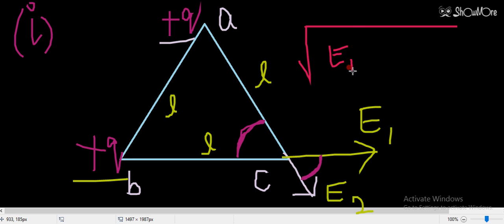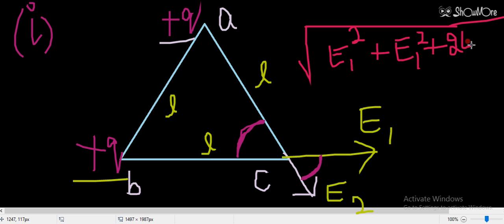Okay, now I am going to solve this one. E1 square plus E1 square, because I am taking E2 equal to E1. So this is again E1 square, then plus 2 E1 E2 cos theta.